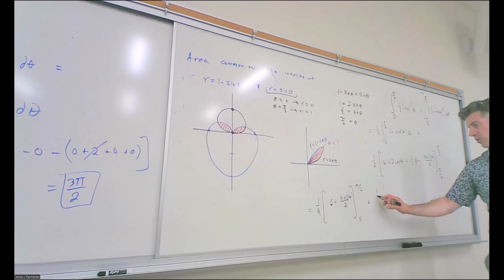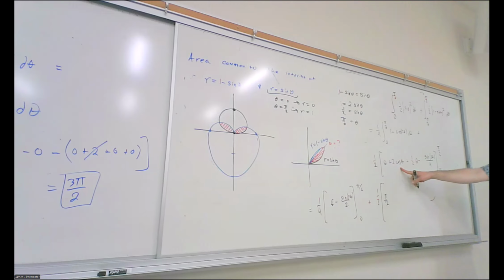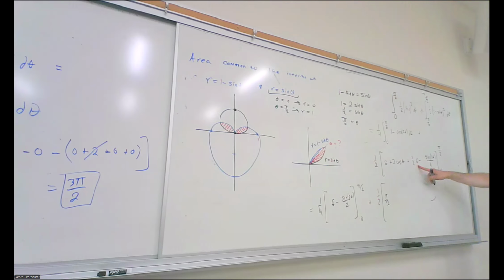Plus 1/2 times, here we're going to do the evaluation. I'm going to simplify as I go. Plugging in pi over 2, I get pi over 2. Cosine of pi over 2 is 0, so let's not write that down. 1/2 times pi over 2 is pi over 4. And sine of 2 times pi over 2 is sine of pi, which is also 0.